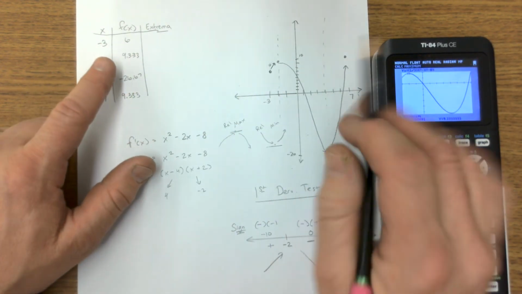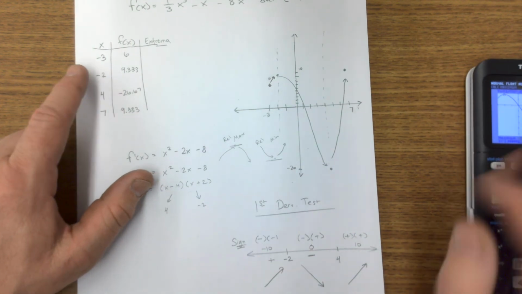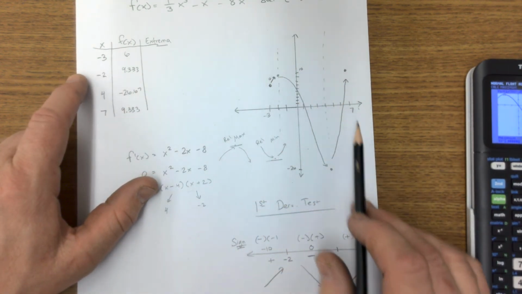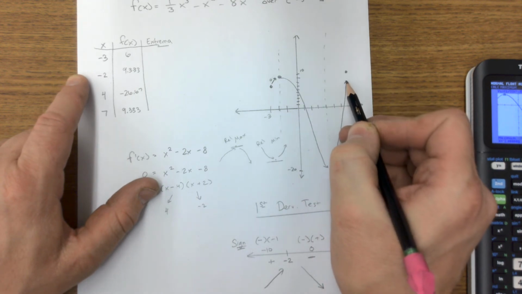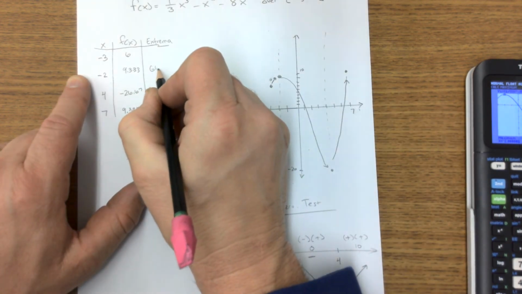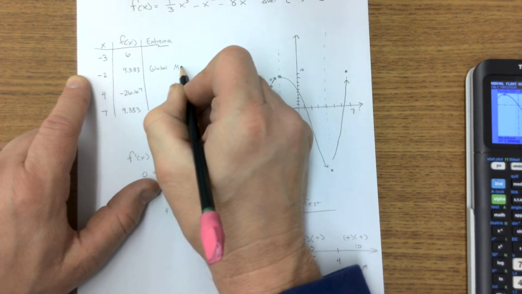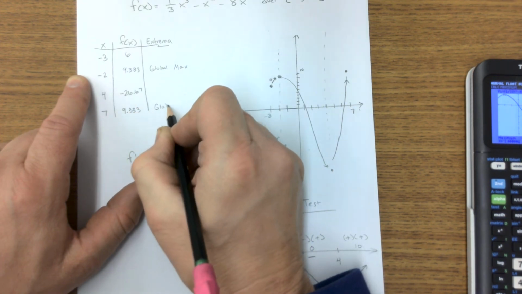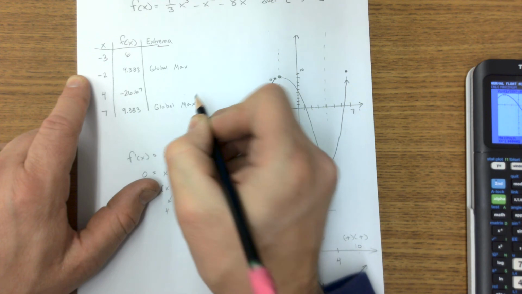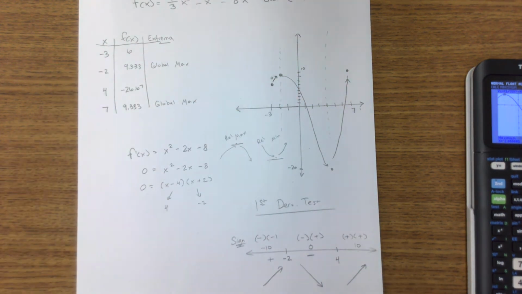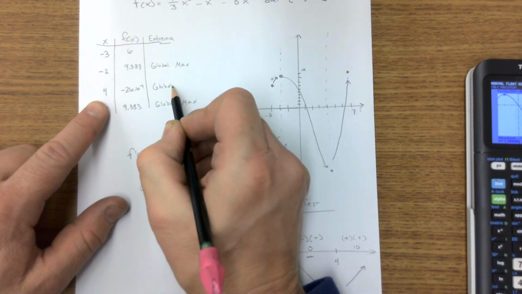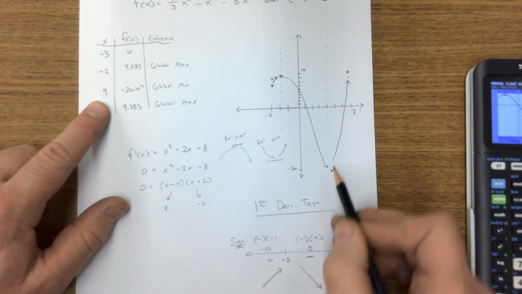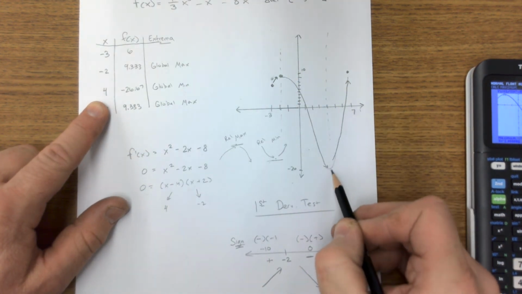What are the extrema? Well, the global maximum on this, we have a global max here and here. This is a global max, and this one ties for the global max. Those are the highest values on the graph. What is the global minimum? Well, the global minimum is that one. This is the day that they had the lowest.